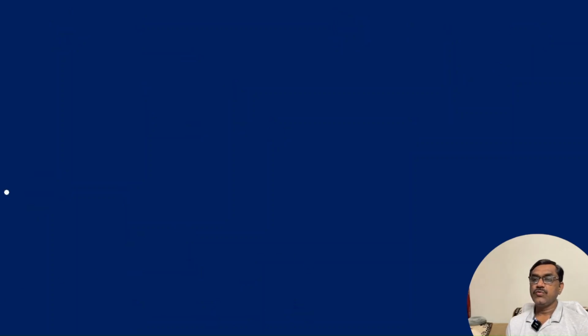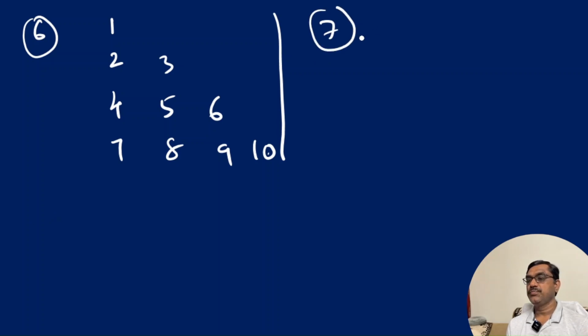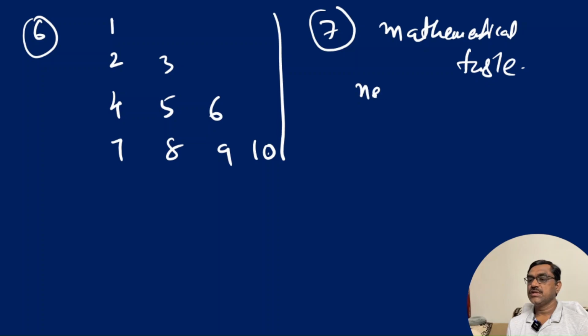And another output we are going to discuss is 1 2 3 4 5 6 7 8 9 10. These are the 6 different types of programs we are going to implement. After these 6 outputs, next we are going to discuss how to print a mathematical table using nested loops.